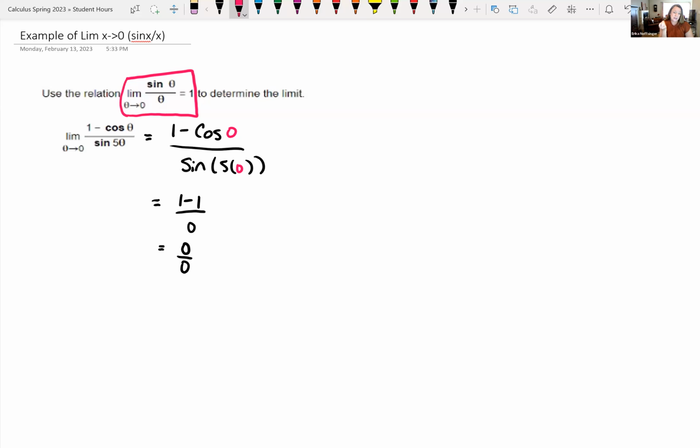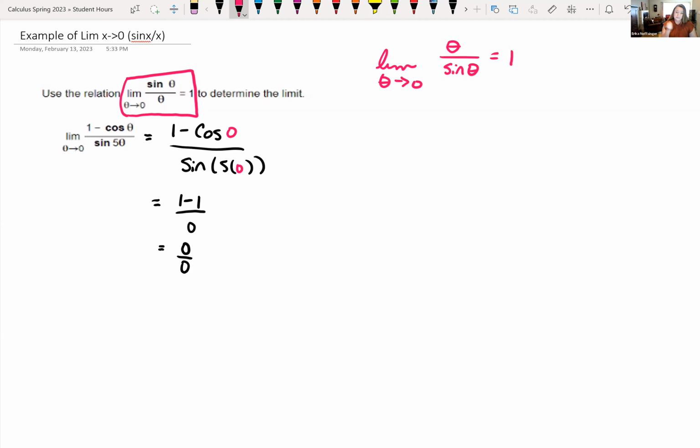So we're trying to manipulate our argument of sine to be the same as what we're dividing by, or equivalently, we could say that the limit as theta goes to 0 of theta divided by sine theta is also equal to 1.